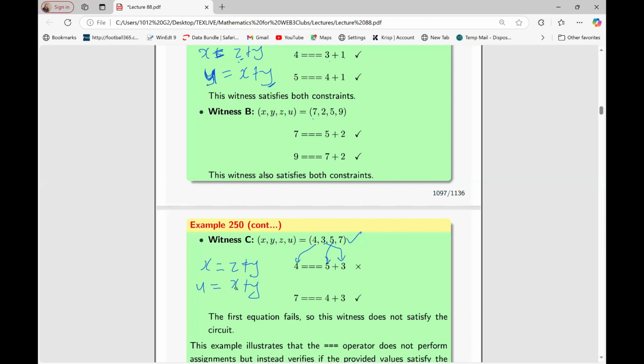About this other one, u is 7, x is 4, and y has not been satisfied. All the constraint circuits, so it's the verifier.